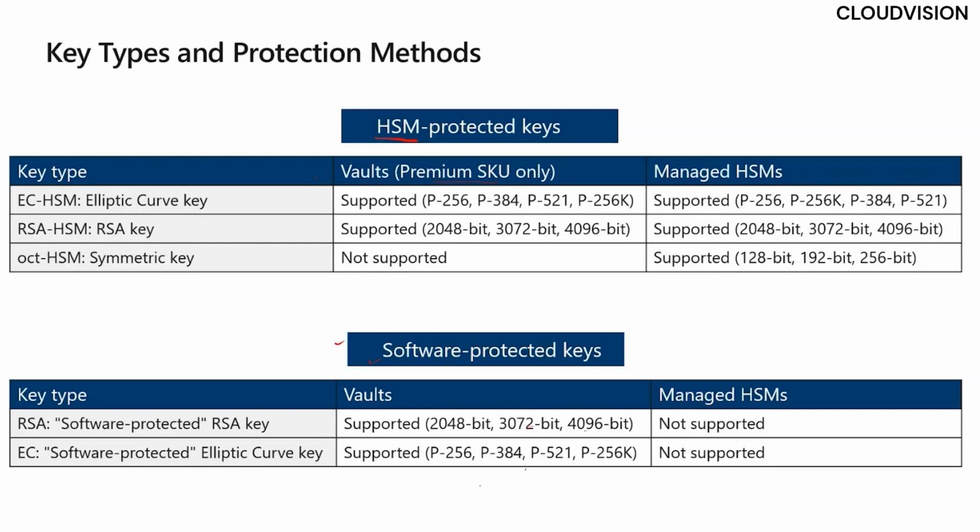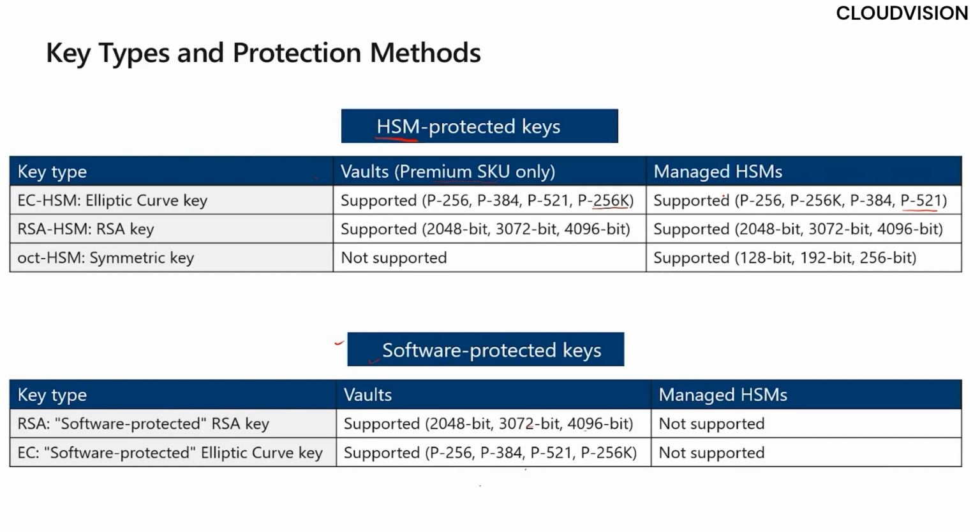If it's a premium vault, then you don't get OCT key. OCT key doesn't support HSM, with premium. It only supports with managed. For EC key, the maximum key size is 256K. Here the maximum size is 521K for managed HSM. That's a difference you need to understand.